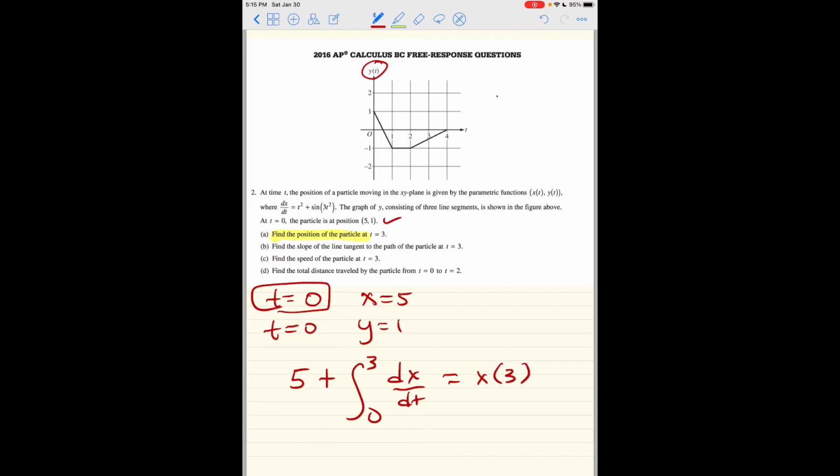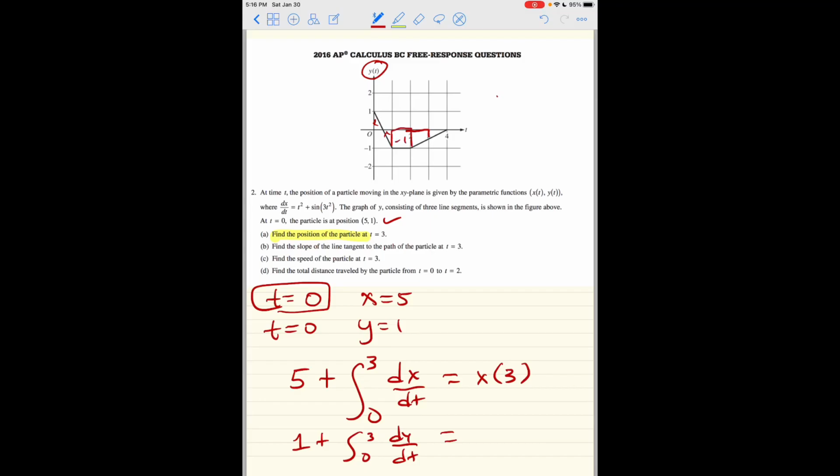Okay, and now y of 3 is going to be, y right now is at 1, and then you need the integral from 0 to 3 of dy/dt, right? You're going to have to figure out the integral, which is basically area. This should cancel this out, so you can have a negative.